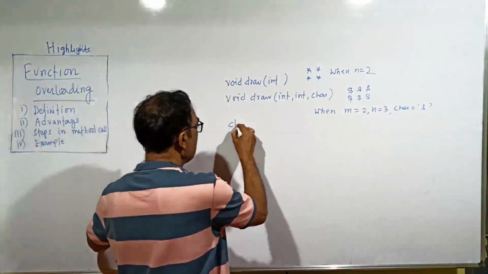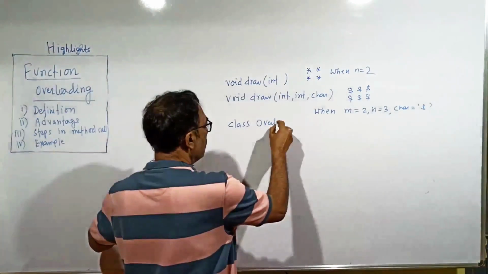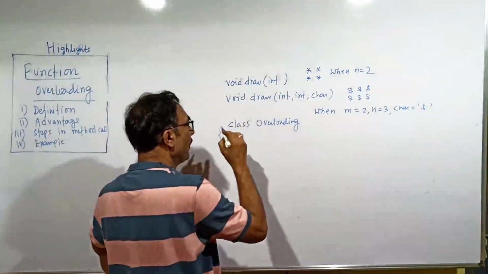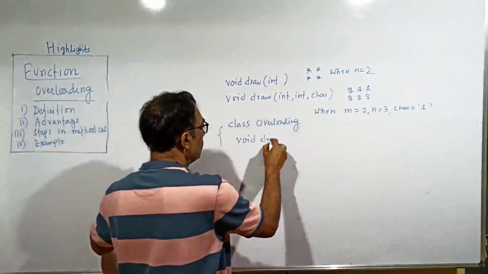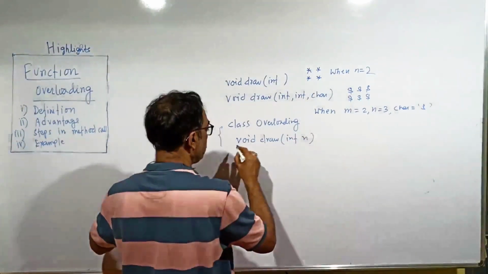Write the class here. So class overloading, and here we will define this method void draw, int n.